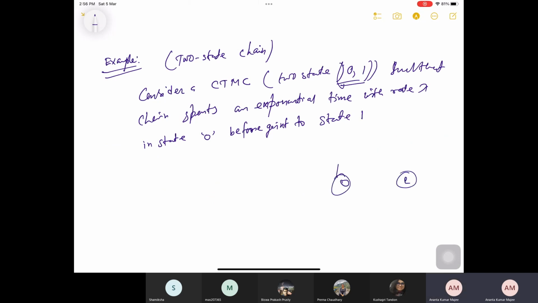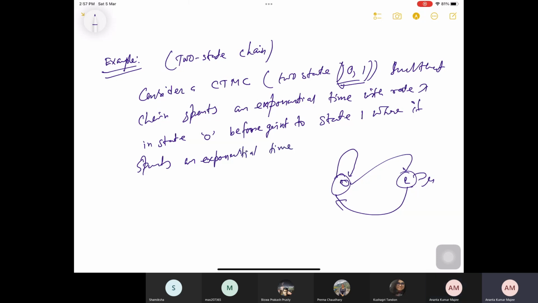It says that it spends an exponential time with rate lambda at 0 before it jumps to state 1, and then it spends another exponential time with rate mu before it jumps back to state 0.